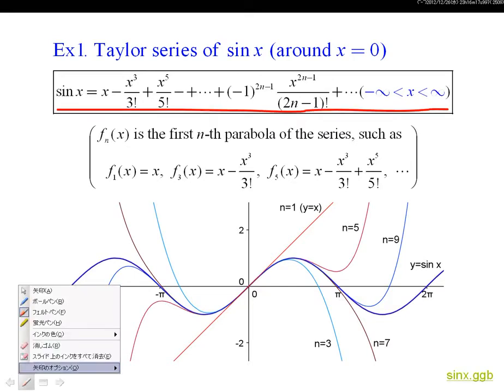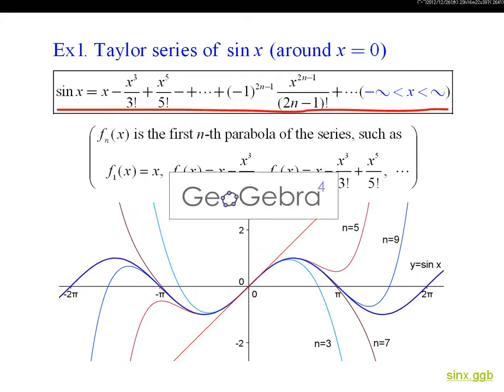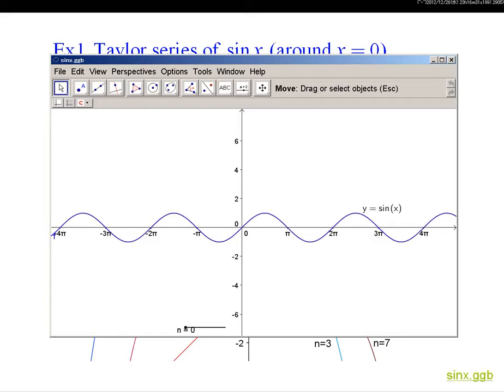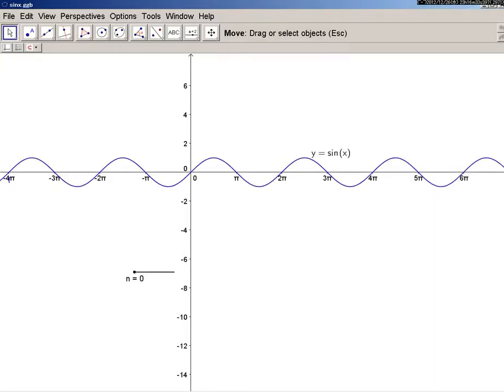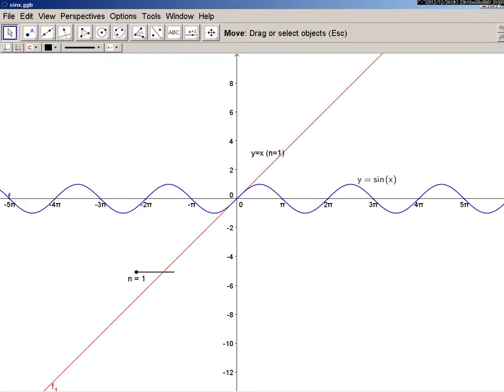Let's check it with GeoGebra. This blue curve is y equals sine x. This is the first polynomial of the Taylor series, y equals x.